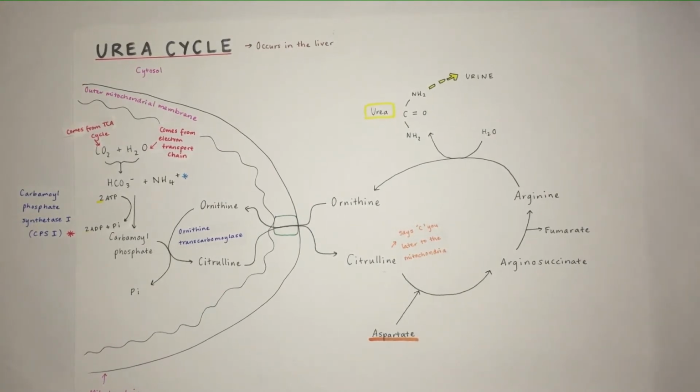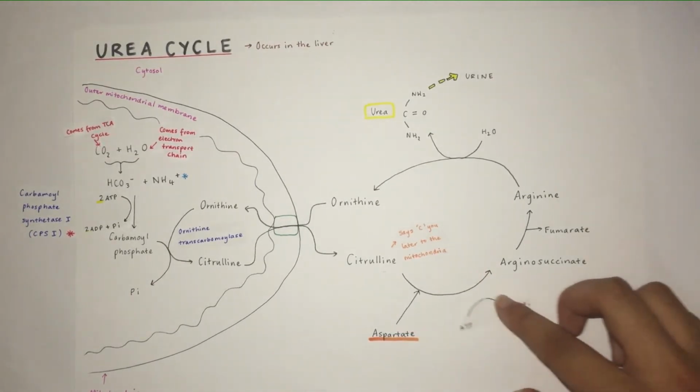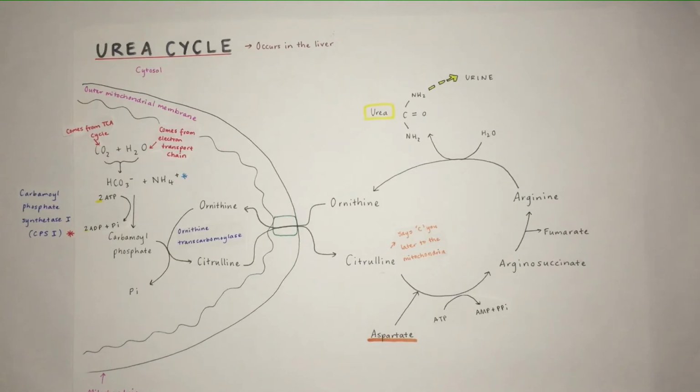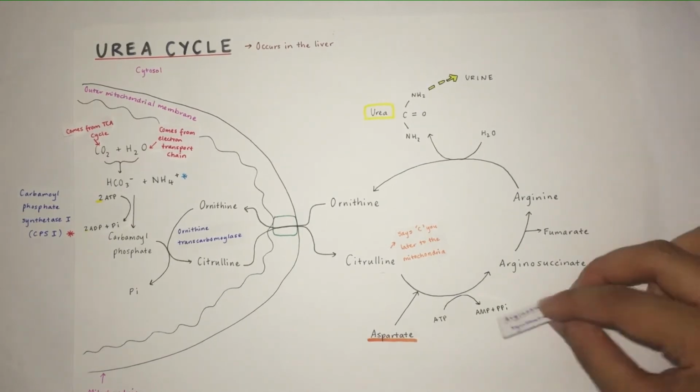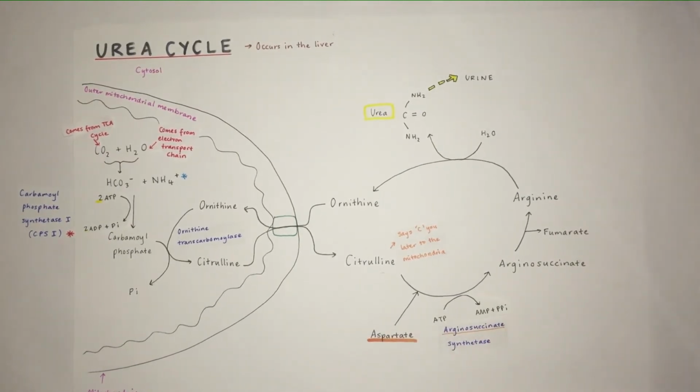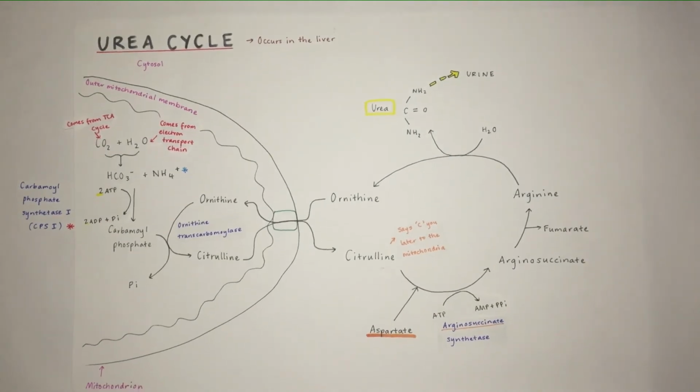So citrulline can become arginosuccinate with the addition of help from aspartate and the conversion of ATP to AMP plus 2 phosphates by the enzyme arginosuccinate synthetase, because we're synthesizing arginosuccinate. Then fumarate is cleaved off when we want to make ultimately arginine.